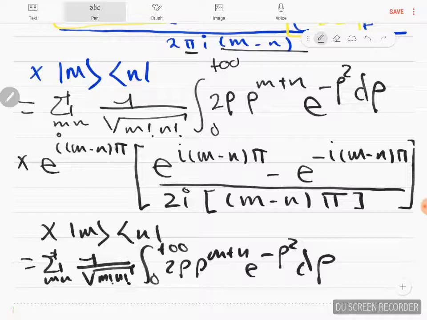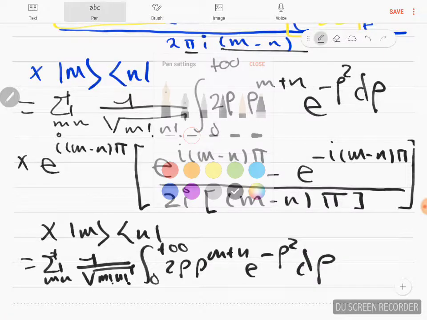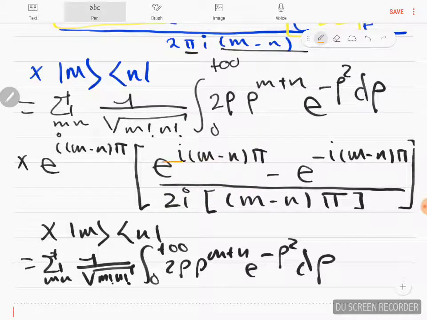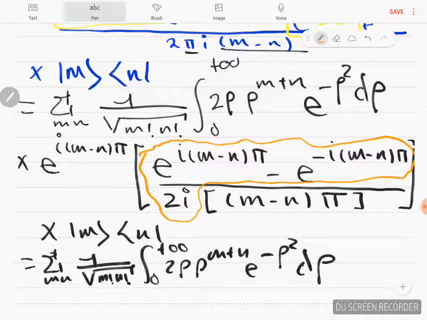Now note this thing here. Now let's use orange. Yeah, used to be one of my favorite colors. This thing that I'm just boxing out or isolating in orange, that thing you can recognize. What's that?